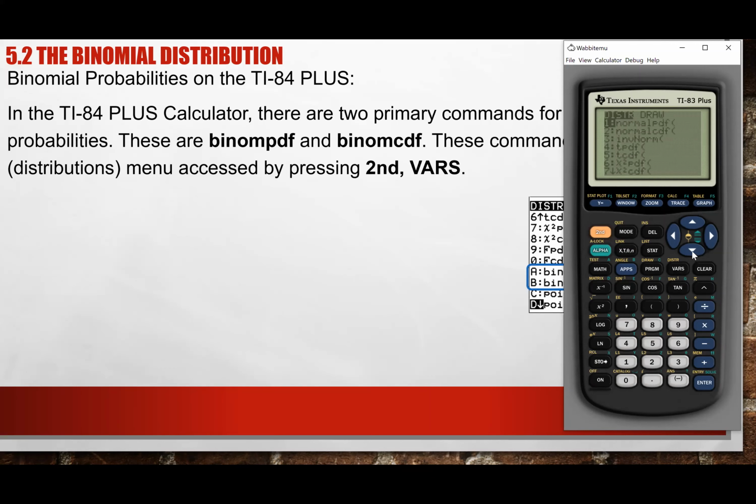If you hit on that and scroll down, you will see that option 0 is your binomial PDF, and option A is your binomial CDF. Again, in order to access this feature, you hit second VARS, then scroll down to option 0 and option A. Now, what is the difference between the 2 options?